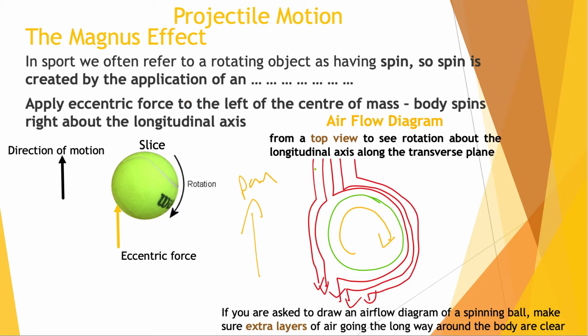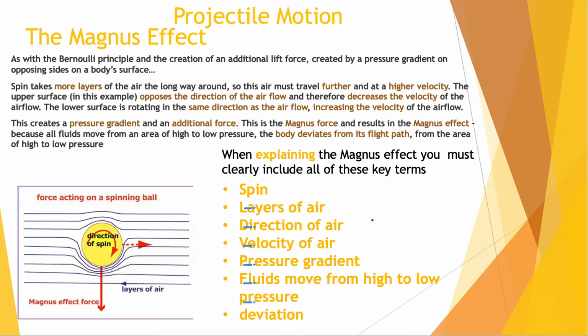It causes high velocity, low pressure, low velocity, high pressure. It's causing a pressure gradient that wants to move from high to low pressure, and therefore we've got our Magnus force now in this direction, and this is what pulls that ball to the right hand side when we have a slice shot.